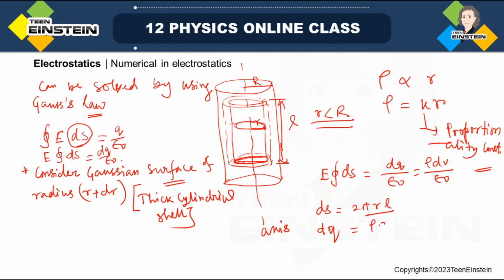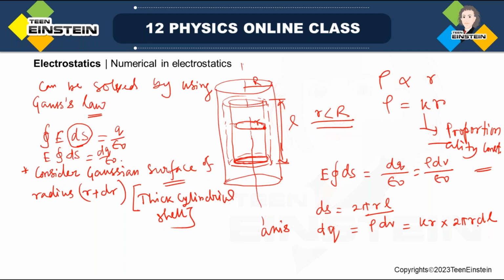dq is rho into dv. Rho is given as kr, and what is dv in this case? It would be pi r square into l, but since we have taken a thick cell, instead of pi r square we have to write 2 pi r dr into l.